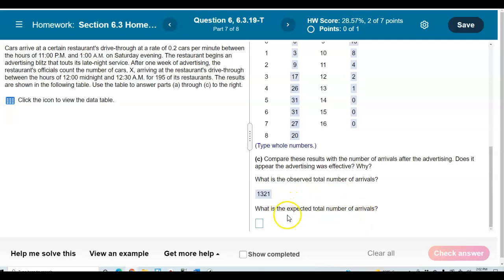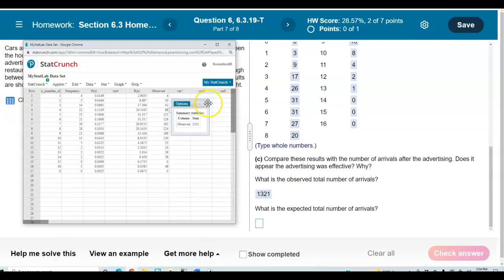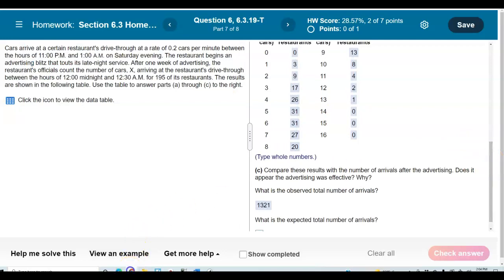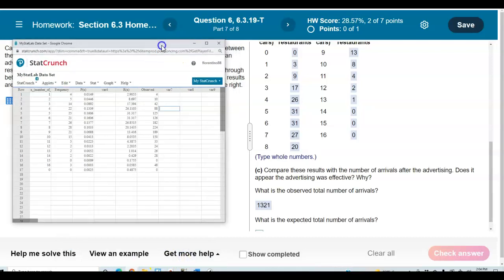Now what we want to do is find the expected total number of arrivals. Now remember here that we generated these values here. So we had the R of X. So we're going to call this the expected value.